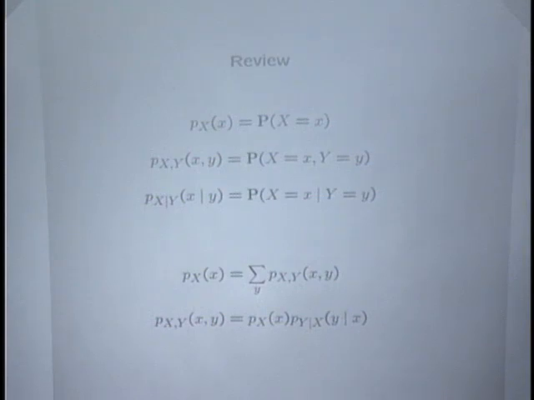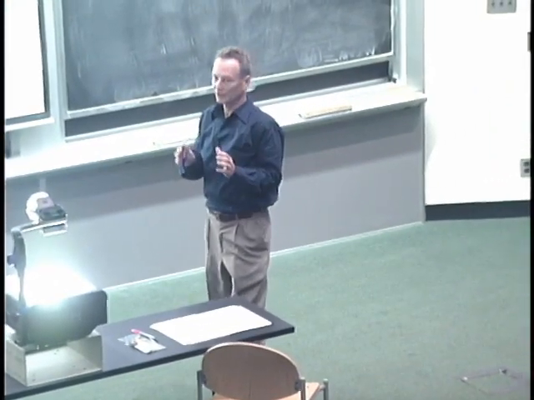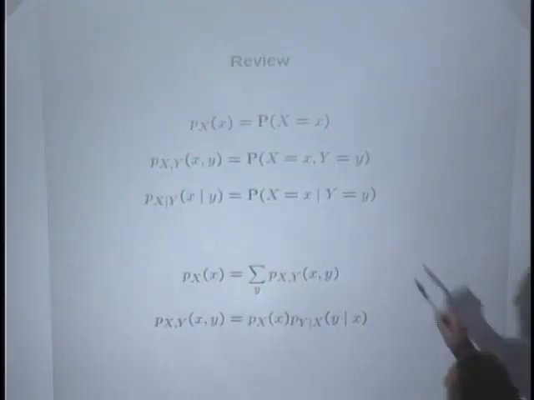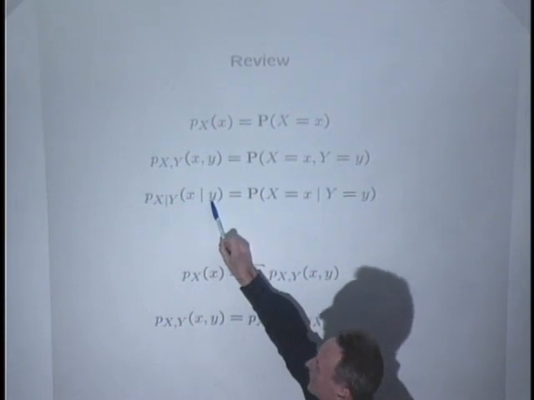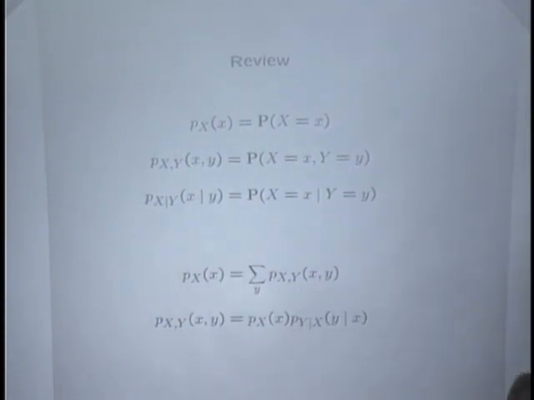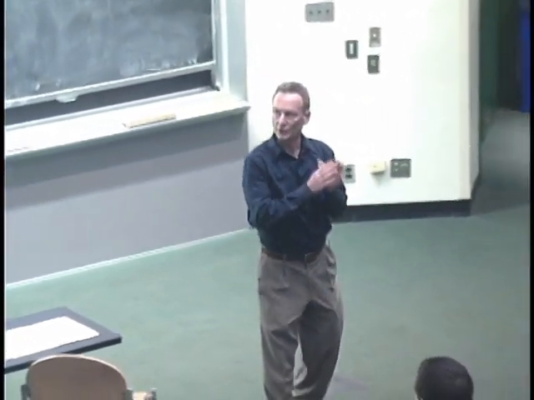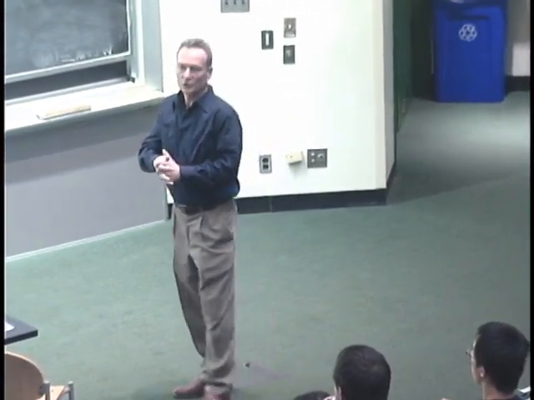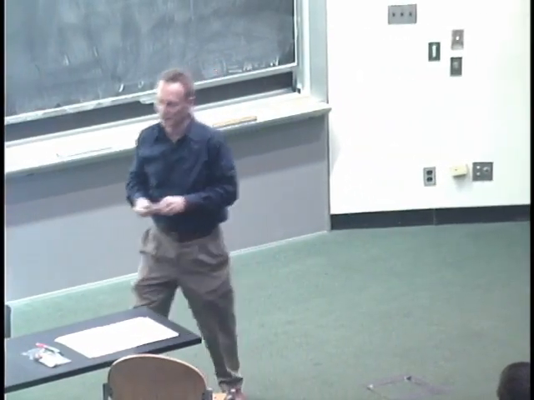Now, a remark about conditional probabilities. Conditional probabilities generally are like ordinary probabilities. You condition on something particular. So here we condition on a particular y. So think of little y as a fixed quantity, and then look at this as a function of x. So given that y on which we conditioned, given our new universe, we're considering the various possibilities for x and the probabilities that they have.